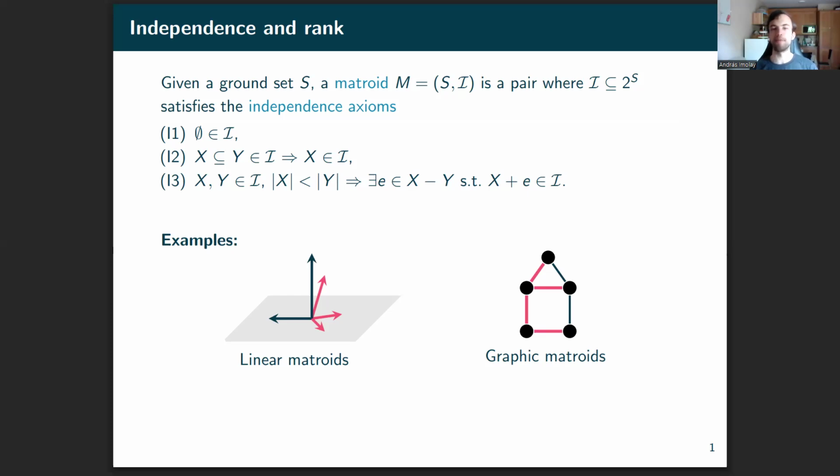And we call a matroid linear or representable over a field if there exists a finite set of vectors over a vector space over that field, such that it defines this matroid as a linear matroid. And the graphic matroid is defined on the edge set of a graph, and a set is independent if it is a forest, that is, it contains no cycles.